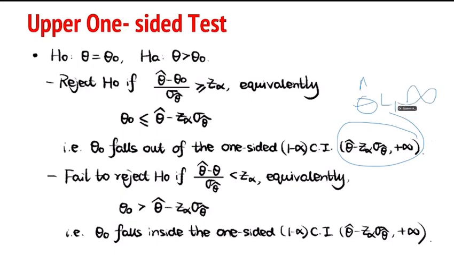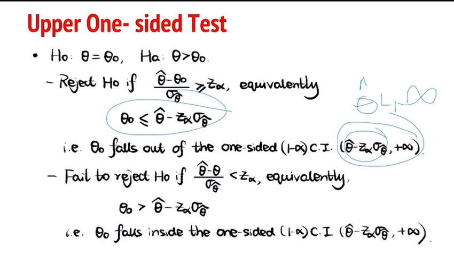That is the lower one-sided confidence interval. So what we mean here is, if theta naught falls outside of it, meaning theta naught is less than or equal to that lower bound, since the interval starts from here, that's exactly what we mean.